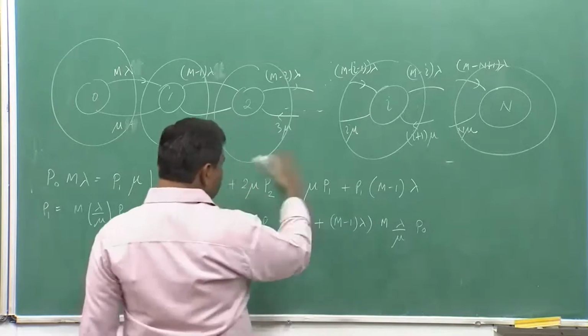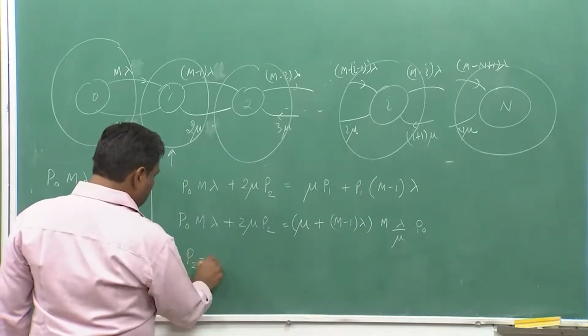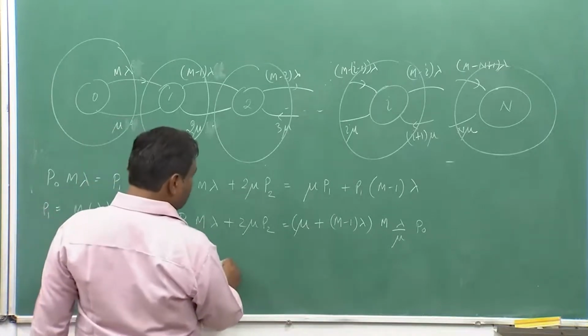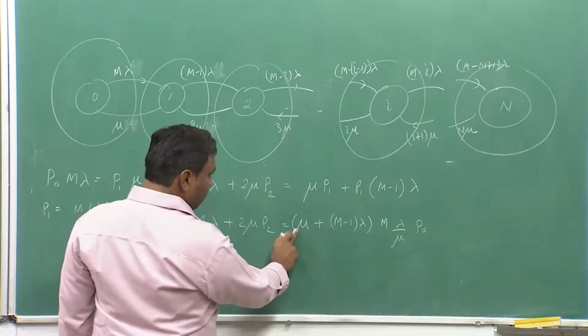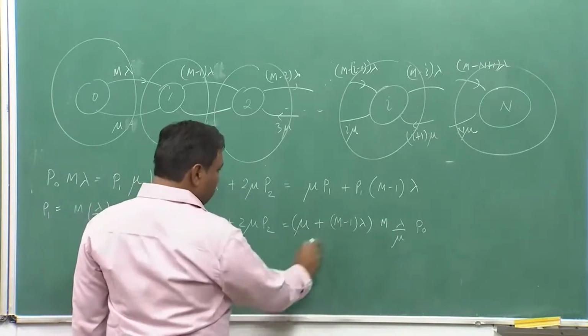So, this P0 also I need to move on that side. So, this will turn out to be m lambda P0.